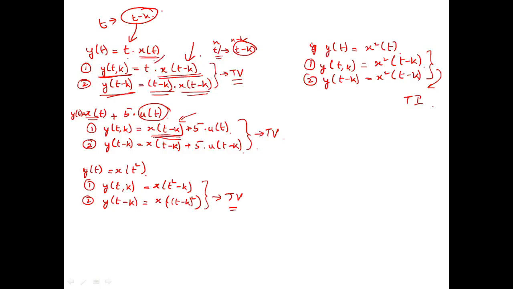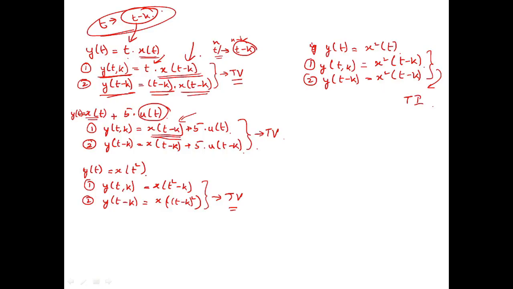In the first case, we were delaying the signal. In the second case, we are not delaying the signal, we are just replacing t with t minus k. Wherever we find t, we will replace it with t minus k. If it is n, we will replace it with n minus k.